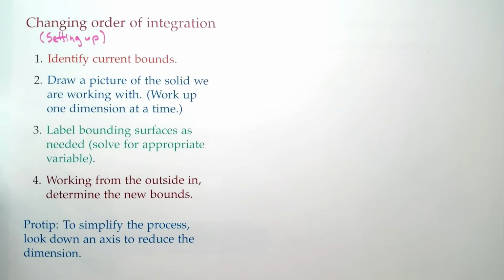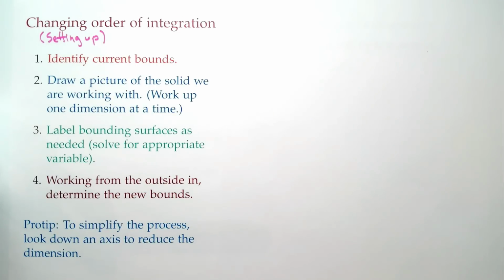So to talk about label is also talking about relabel. How do I change it so that I have it in terms of the right variable? And oftentimes, it's not obvious which is the right variable to do. So step 3 is a little bit fuzzy on when it happens because step 3 and 4 sort of come together.